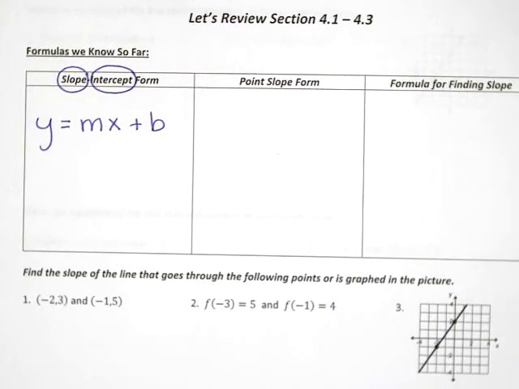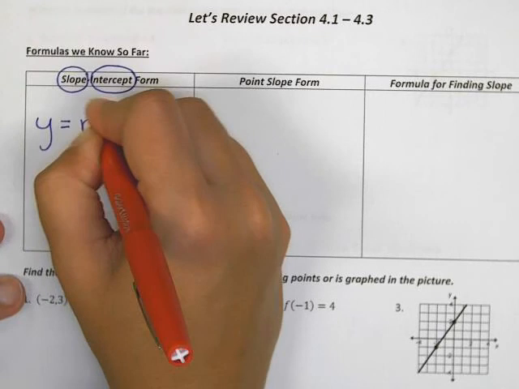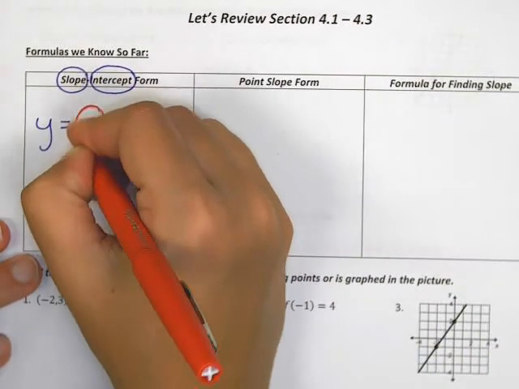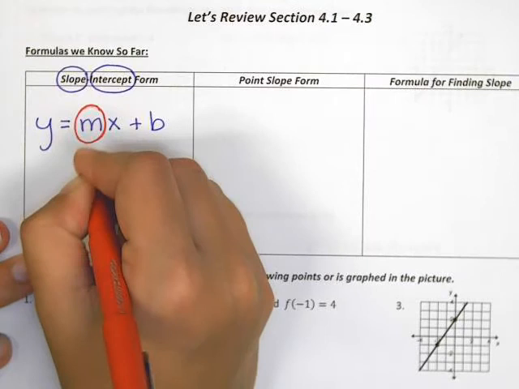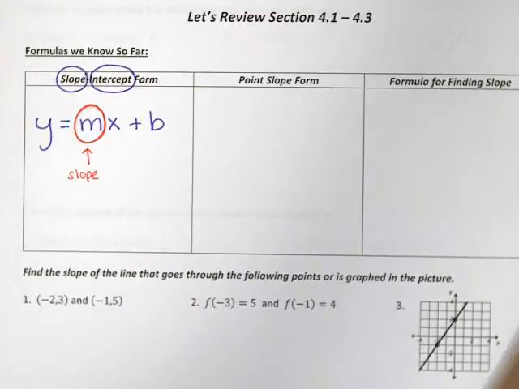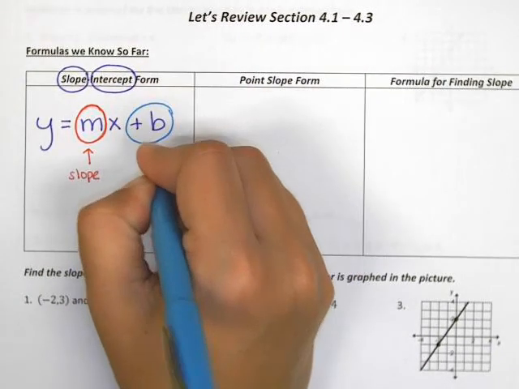Now the reason that this is called slope-intercept form is that in this equation, the m, which is usually a number, so usually this equation will have numbers in it, the m is the slope, and the b, which again is usually a number, the b is the y-intercept.